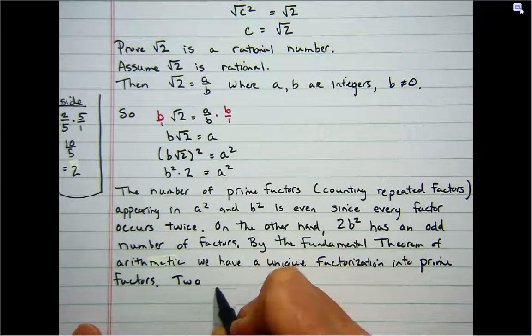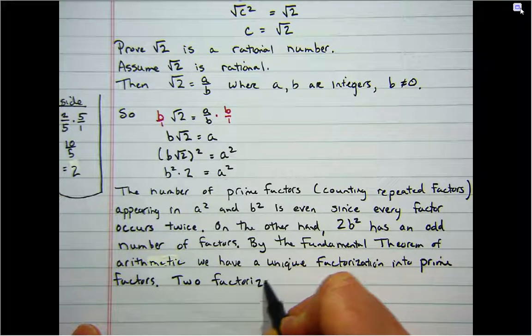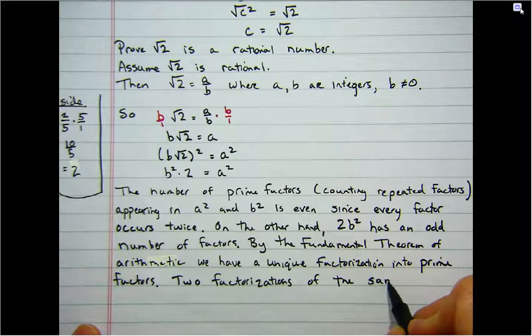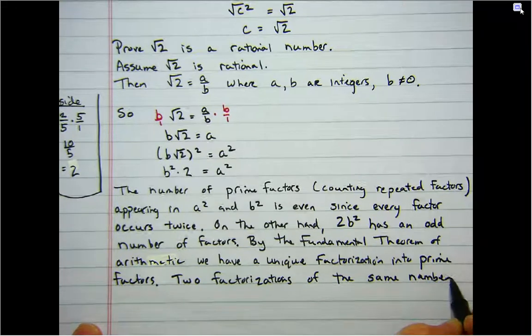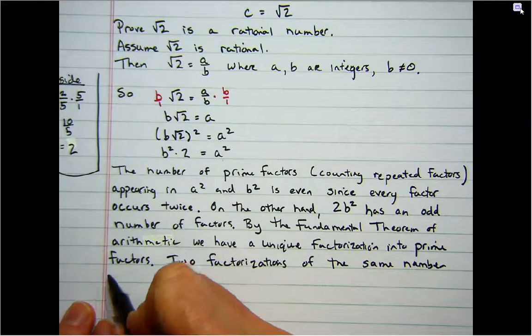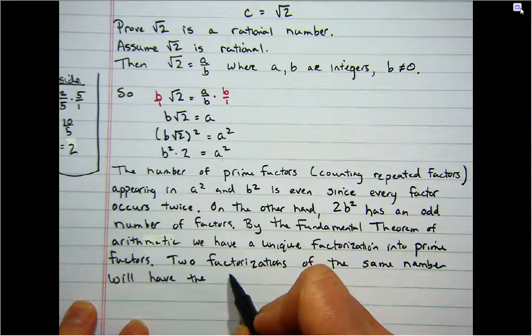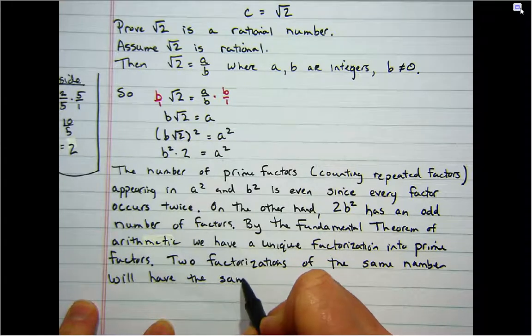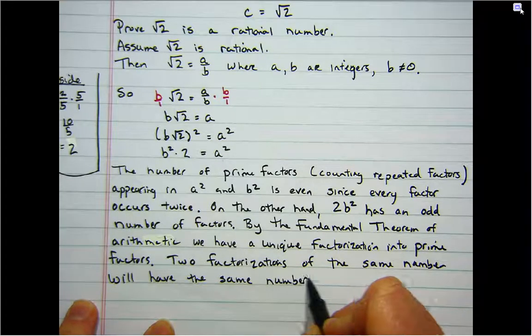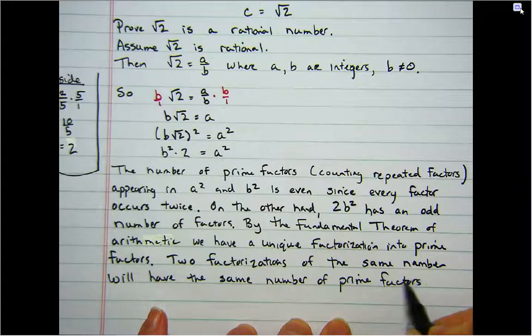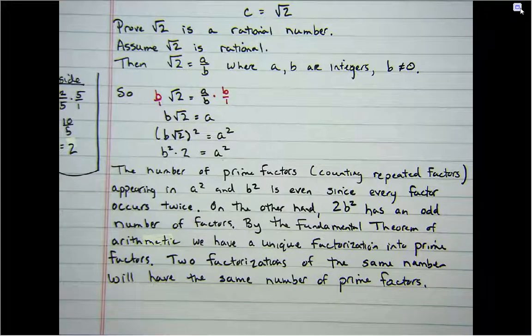So two factorizations of the same number will have the same number of prime factors.